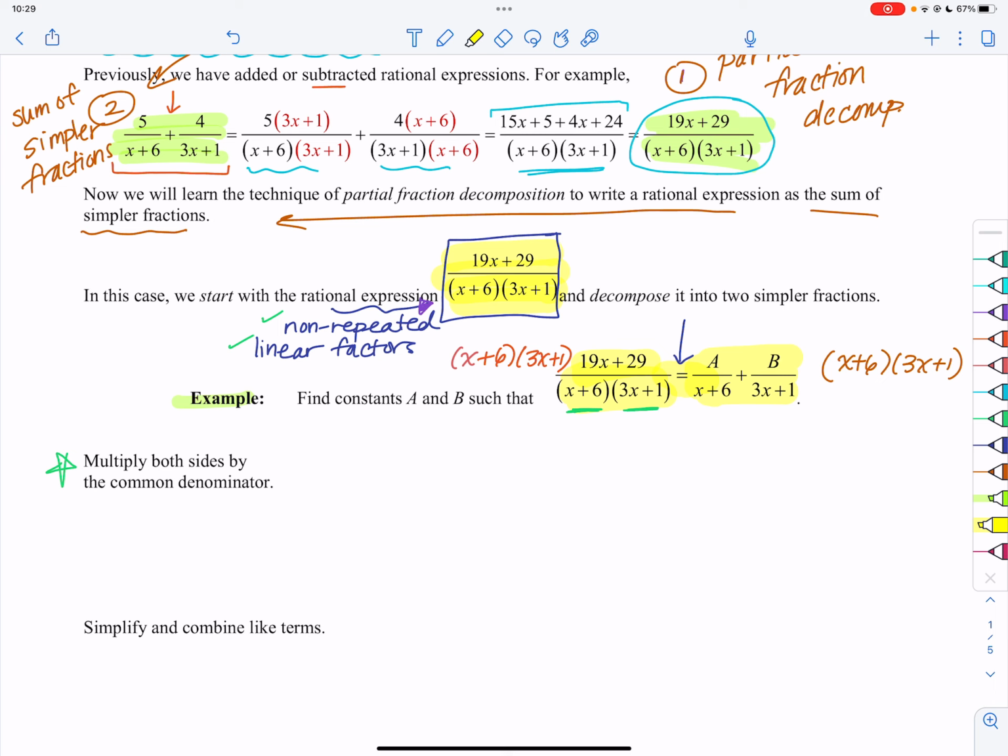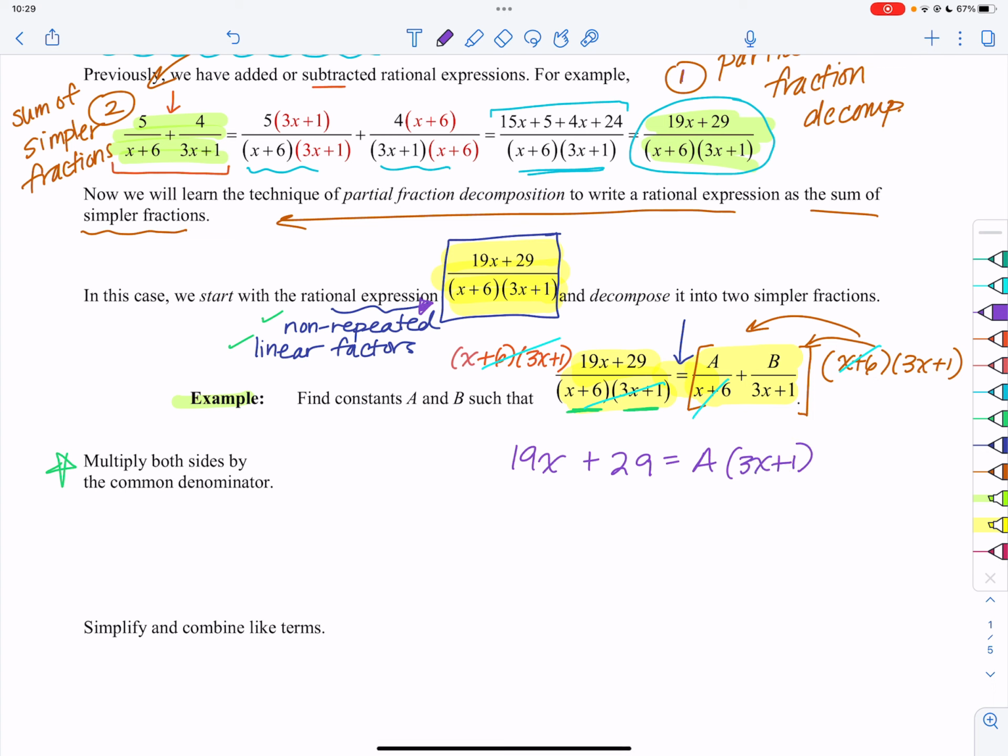So what happens when we do that? These cancel each other out, and we're left with 19x plus 29. And now we're going to distribute this multiplication to both of those terms. So in the first one, the x plus 6 will cancel out, and you'll just have A times 3x plus 1.